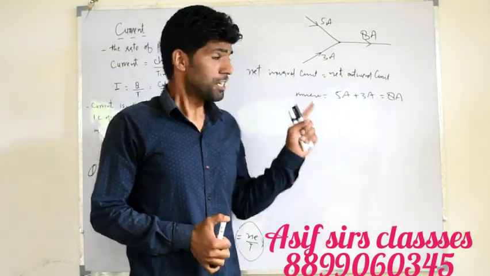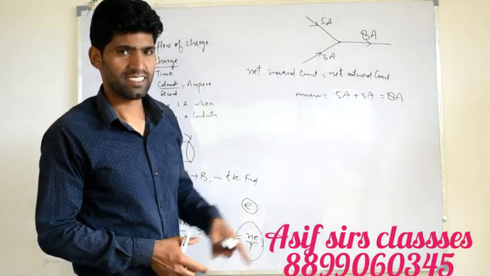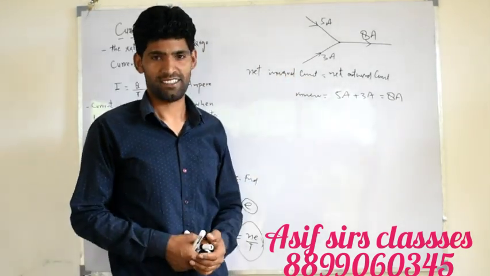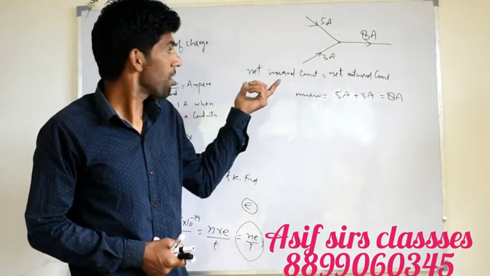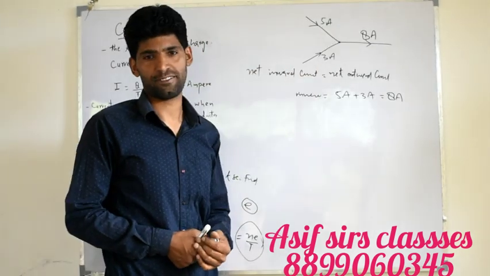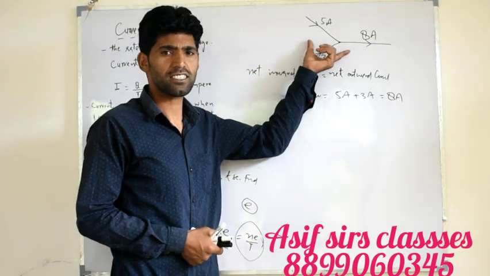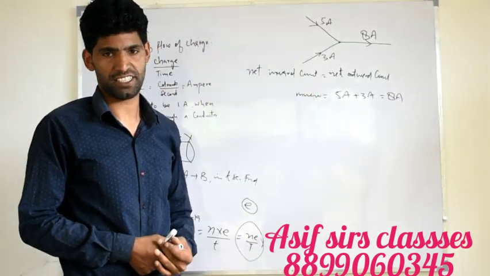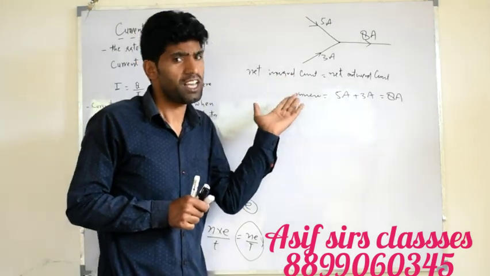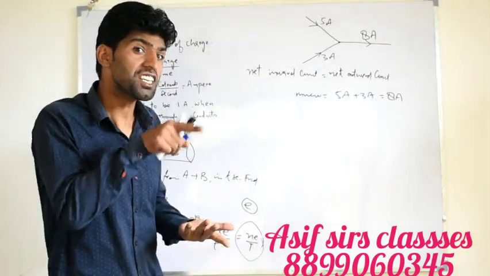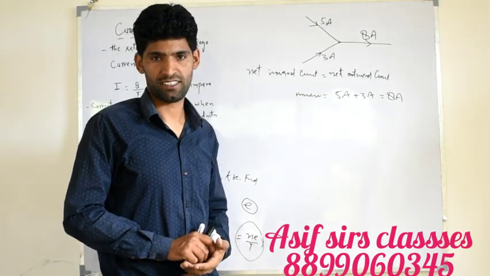But this principle tells us that current is not a vector. Vectors are not added like this. Scalars are added like this, but vectors are not. No doubt, current has magnitude and direction, but still current is not a vector.